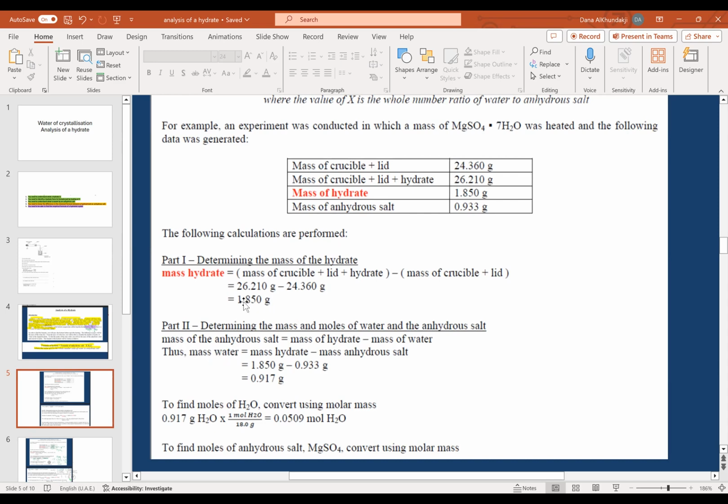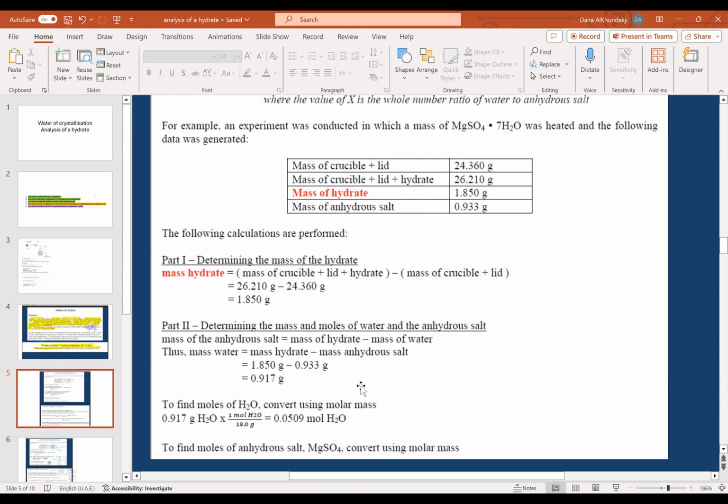Therefore, you have to subtract the mass. You need to find the mass of the water. So you're going to take the mass of the hydrate, which had the water in it, minus the mass of the anhydrous, which was eventually found, without the crucible. Then you get the mass of the water. So it's very important to be able to read the data in order to do your calculations.